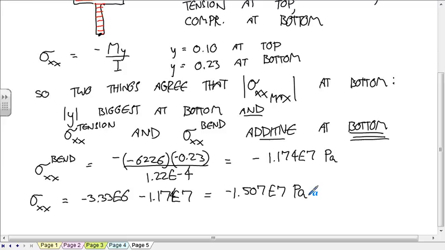And if your material is susceptible to breaking in compression and tension, well, in this case in compression, then you need to check this value to see if that's something that is likely to do damage to your material.